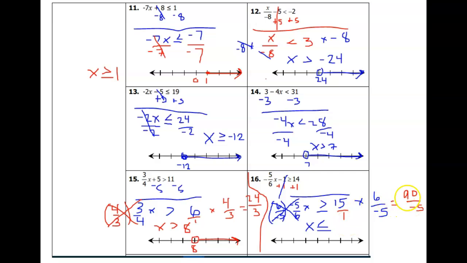Miss Bennett didn't bring that negative, so it's going to be negative 18, because it is a negative 5. So x is less than or equal to negative 18. I'm going to write that here. And this time I do a closed circle, and I'm shading all the values less than.